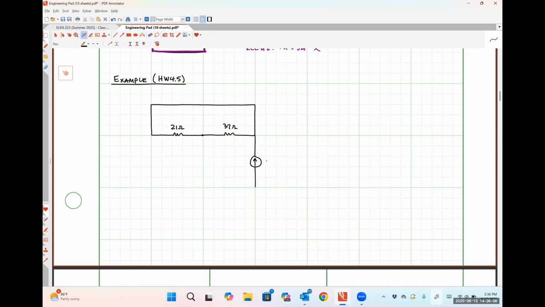This current source is going to have a value of -3 amps. Let's see. This current source right here is going to have a value of 4 amps. I'm going to put a 100 ohm resistor right here.